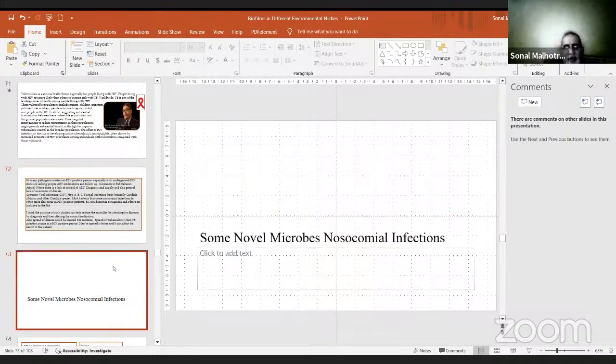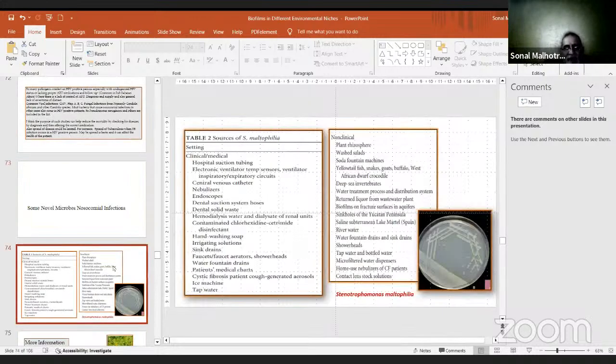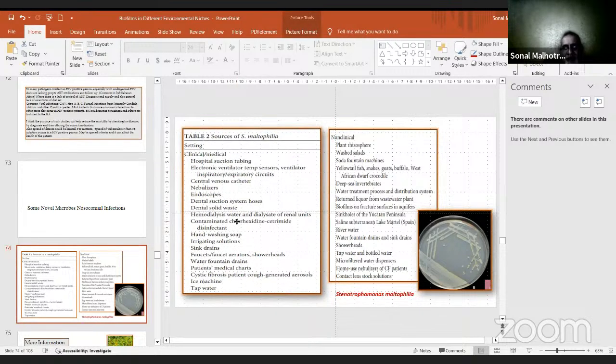Then some novel microbes. So here we have different bacteria that are new. Stenotrophomonas maltophilia, even I can't pronounce it, but these are new bacteria that are causing nosocomial infections, and they're found in hand washing soap, irrigating solutions, sink drains, faucets, and other areas.